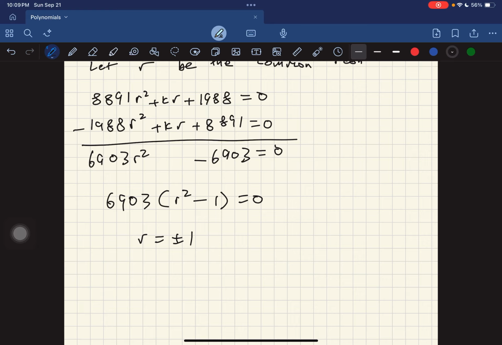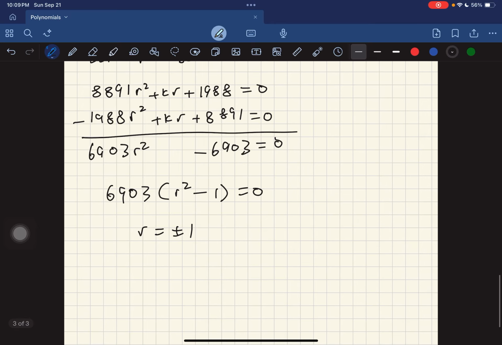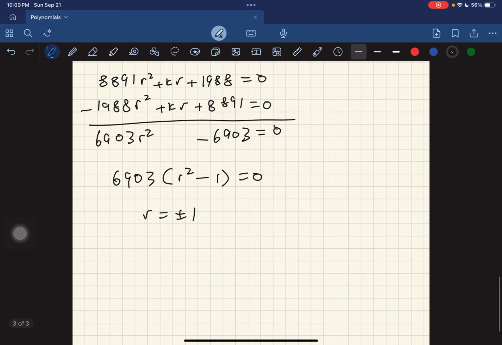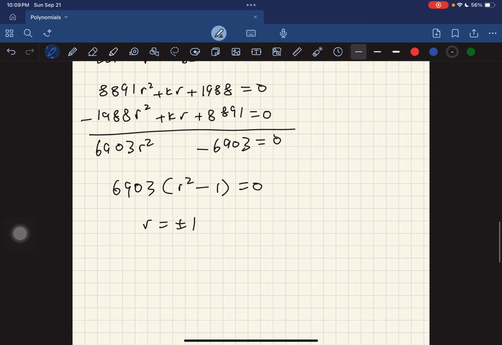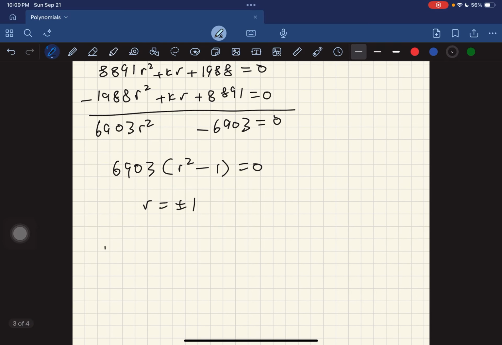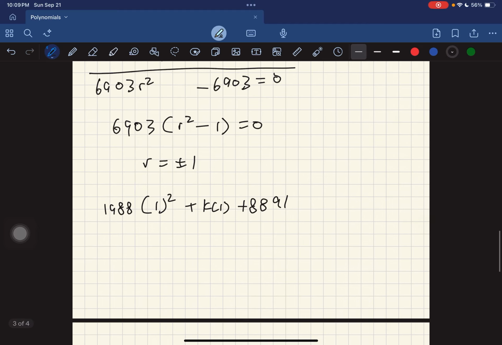Now we can test each case by substituting into the original equation. I'm just going to substitute into this equation here, but it doesn't really matter. So 1988 times 1 squared plus k times 1 plus 8891 is equal to 0.